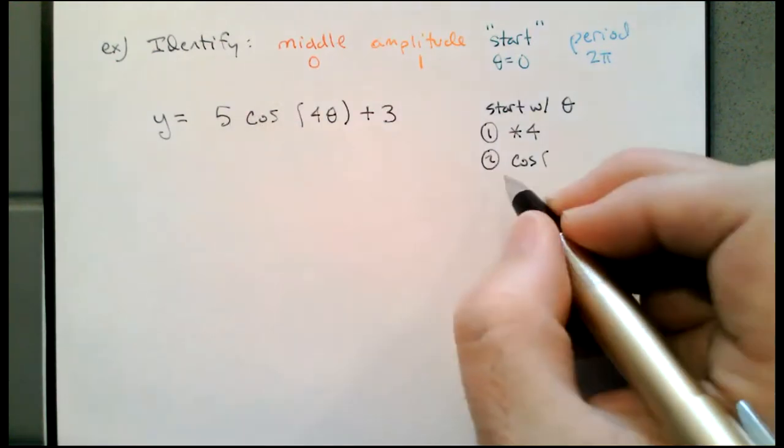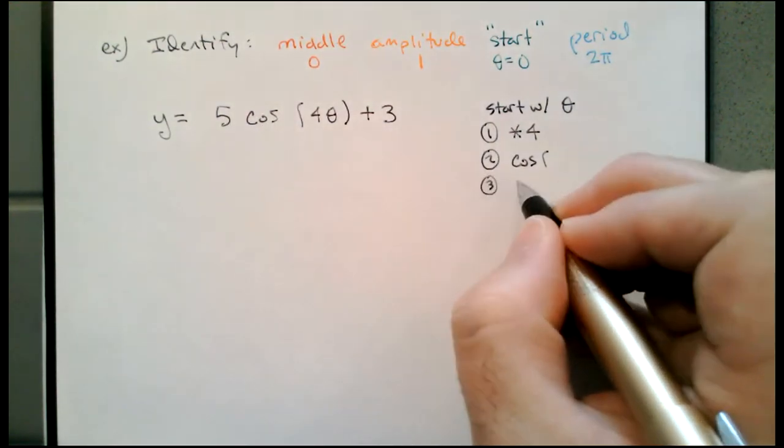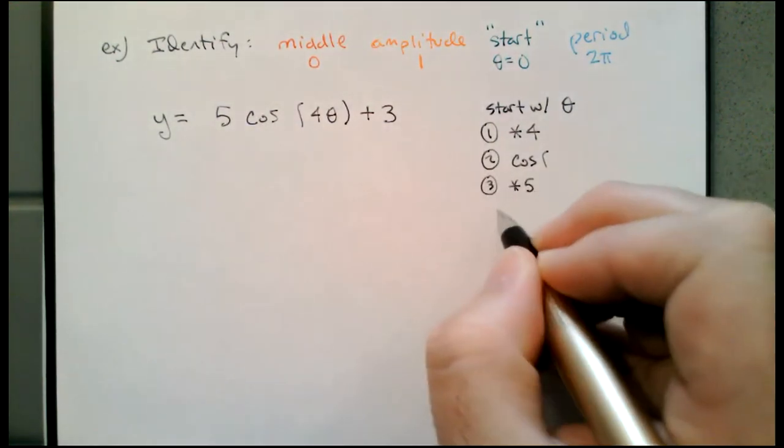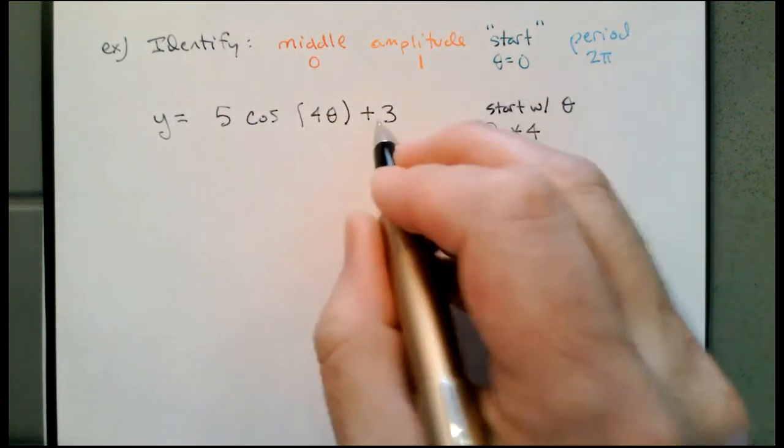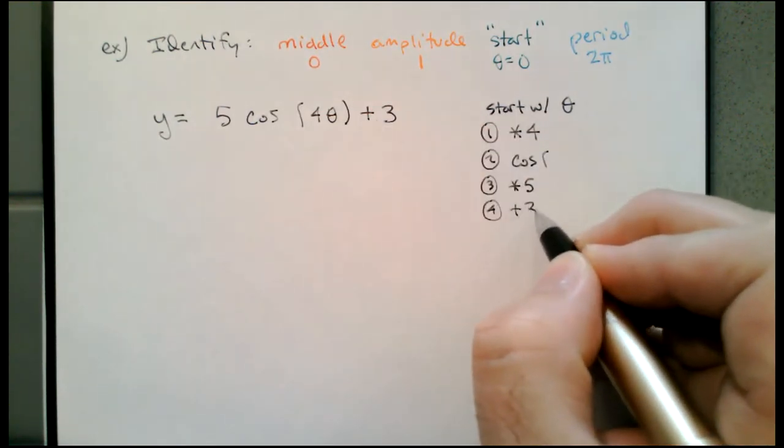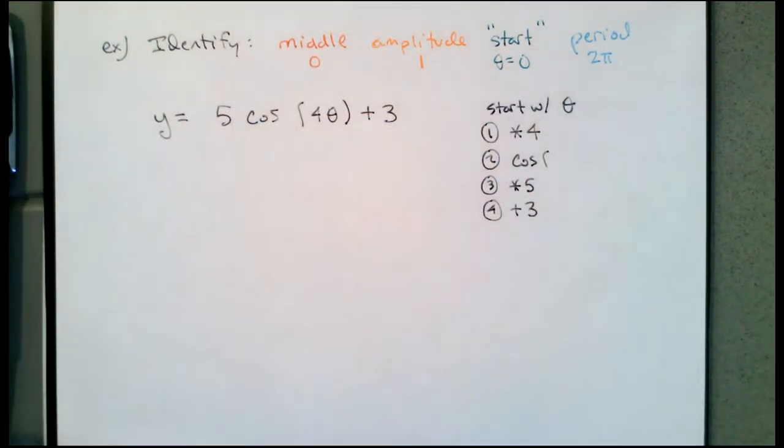After we do the cosine, we multiply by 5. And finally, we add 3. We're just following the order of operations, not the PEMDAS order of operations, because PEMDAS is trash. We're just reading what is happening in this function and listing the things that we need to do to theta. First multiply by 4, then find the cosine of the result, then multiply by 5, then add 3.